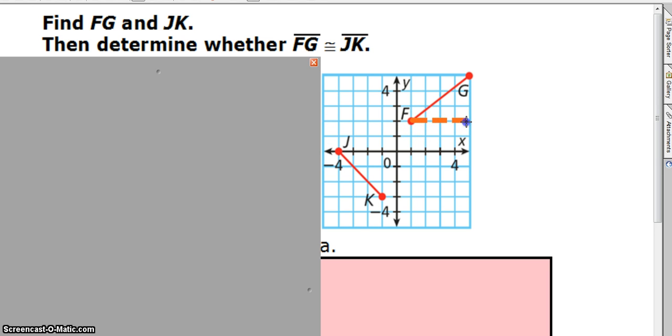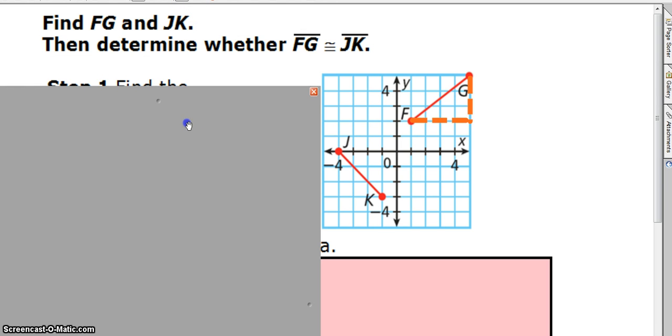So we can create a right triangle here on our coordinate plane. That's what we're doing when we're using the distance formula. We're finding the difference in the x values, this distance, and the difference in the y values, this distance, and a squared plus b squared equals c squared. So we'll do that for both of these segments.